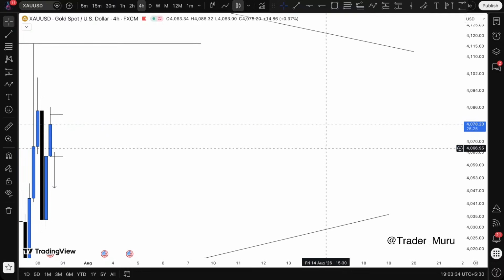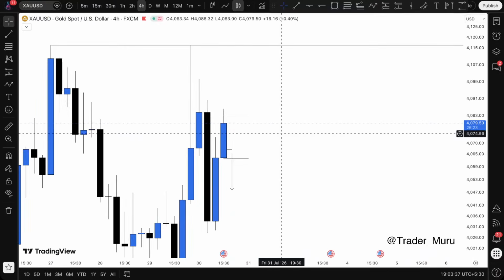Four hour is bearish. The 4 hour is still bearish, so we cannot long here.